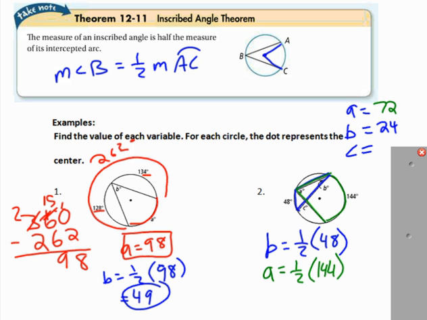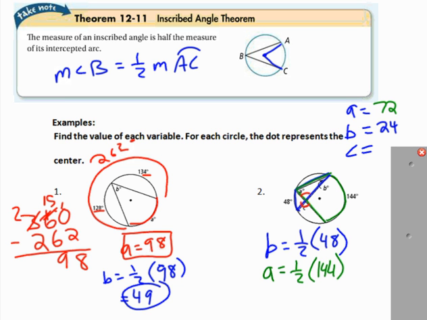Oh, and now C has to be equal to, oh, this is great. Good review. We have vertical angles here. So whatever this angle right here is, it would be the same as C. And since we have the other two angles in there, 72 plus 24 would get us to 96.